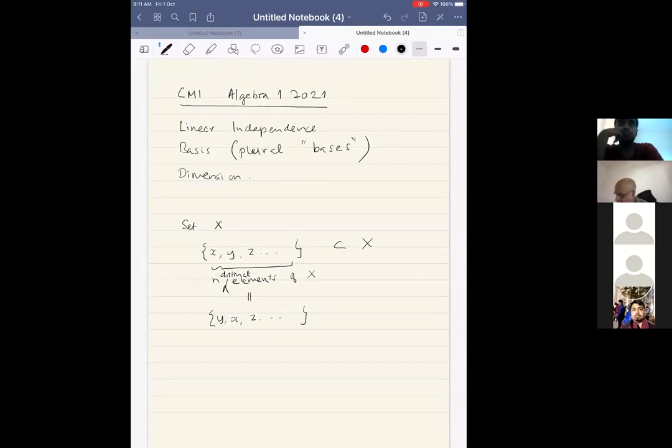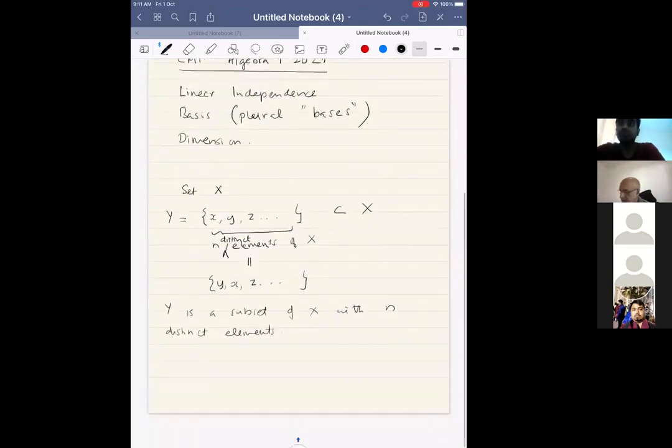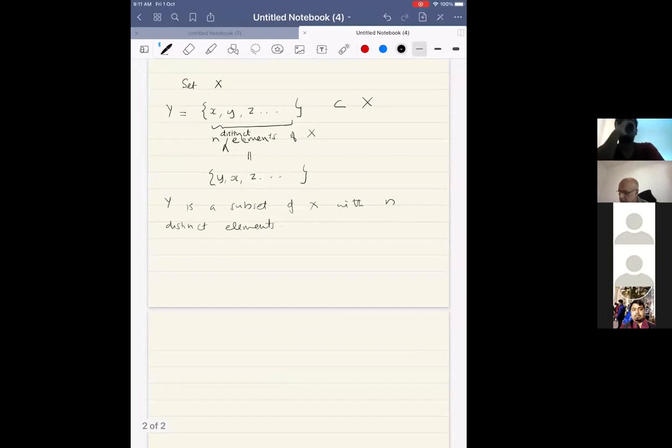Let me call this Y. Y is a subset of X with n distinct elements. And you note that in this case, I am using these curly brackets, so the elements of the set are put between curly brackets, and it doesn't matter in which order I put them. On the other hand, there is a notion of ordered subset.